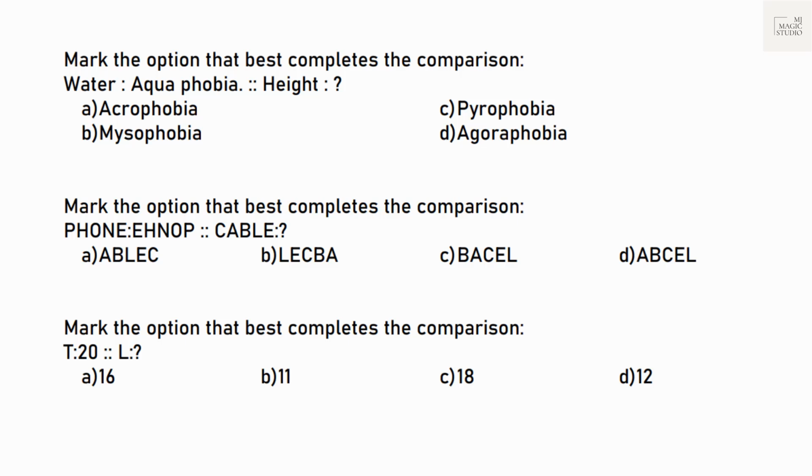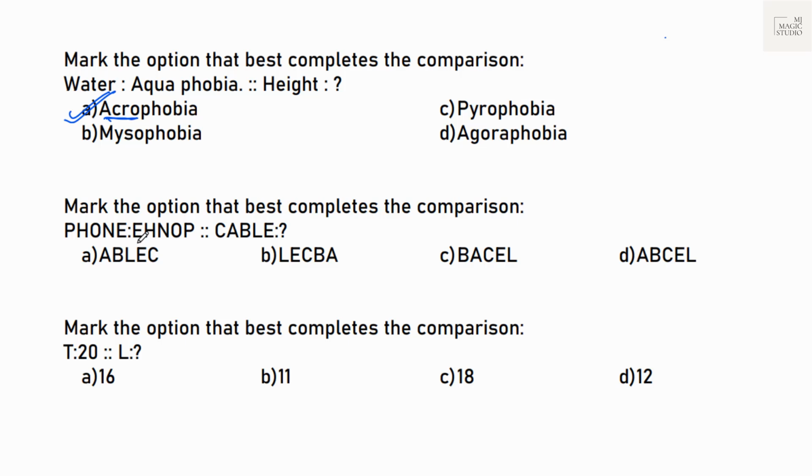Next few examples on your screen, you know the drill. Okay, word analogy, water. Phobia of water is aquaphobia, and phobia for height is acrophobia. Acro means height. Option A. Okay, what we can see in the next one, PHONE is EHNOP.